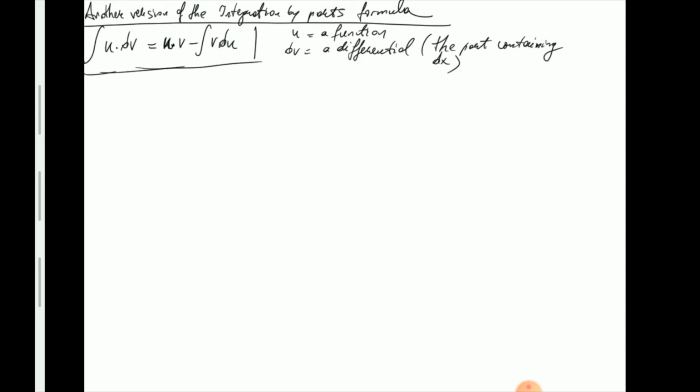So you split your function to integrate into two parts. One is u, and importantly that part should be easier after differentiating it.